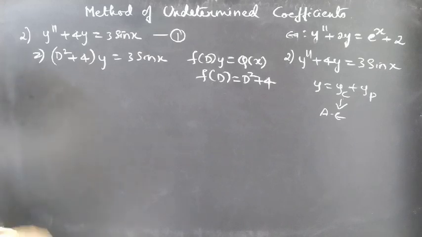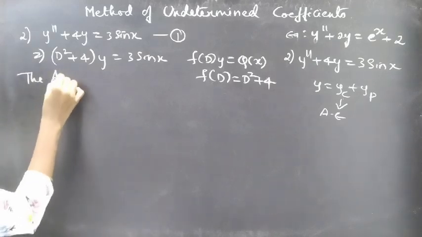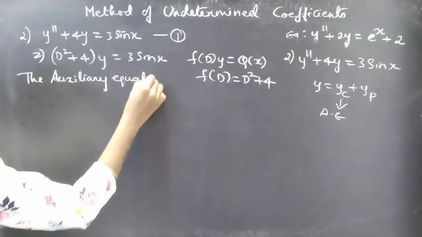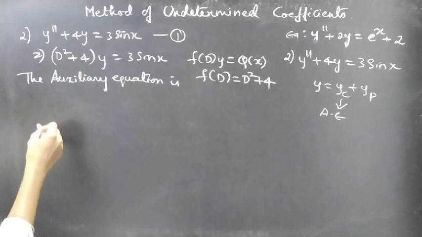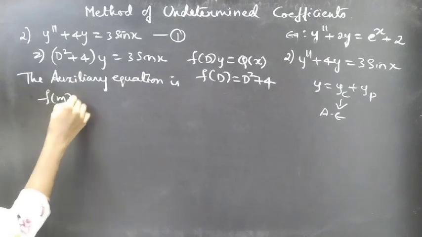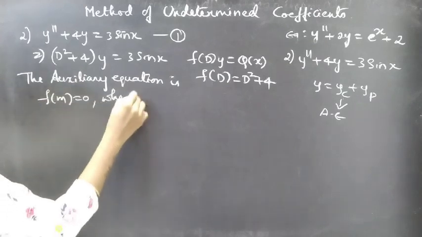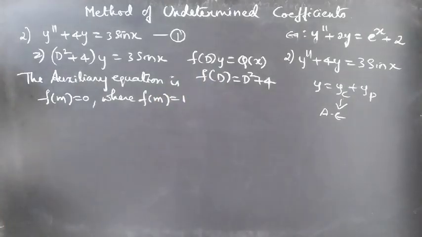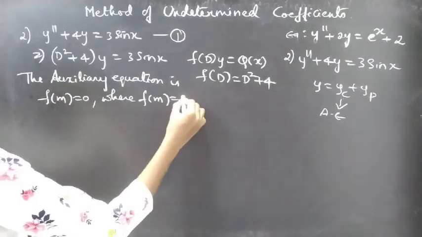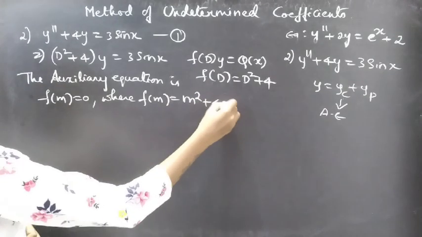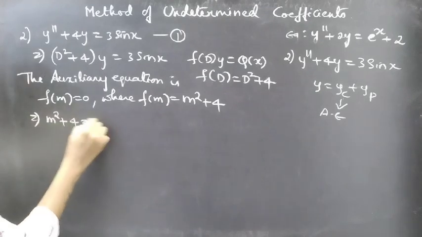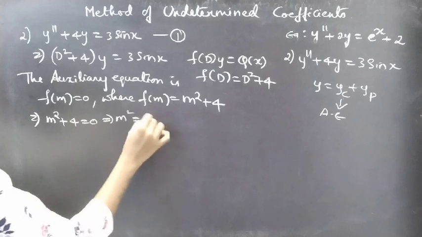Now the auxiliary equation is f of m equal to 0, where f of m is obtained by replacing d by m in f of d. So f of m equals m square plus 4, and the auxiliary equation becomes m square plus 4 equal to 0, which gives us m square equal to minus 4.